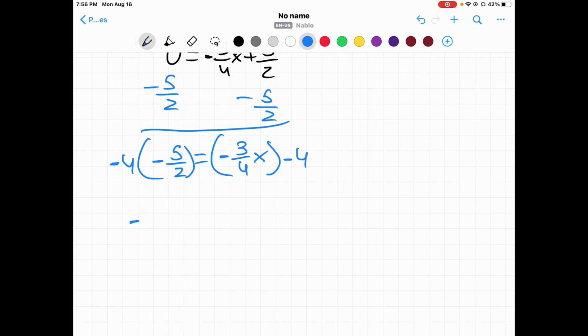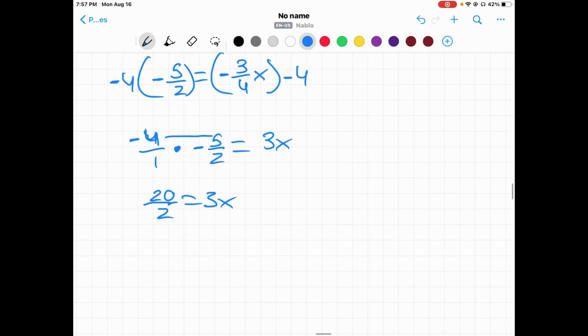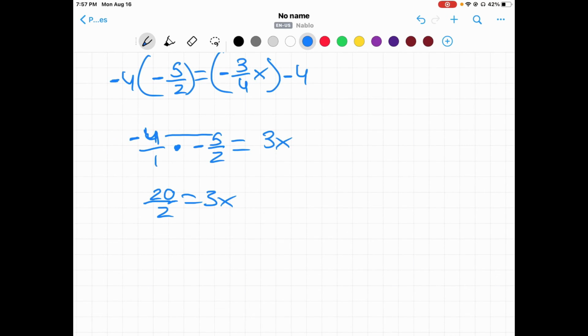Now negative 4 over 1 times negative 5 over 2 equals 3x. Since it's a negative times a negative, we're going to end up with a positive number. So 4 times 5 is 20 over 1 times 2, which is 2, equals 3x. This simplifies down to 10 equals 3x.